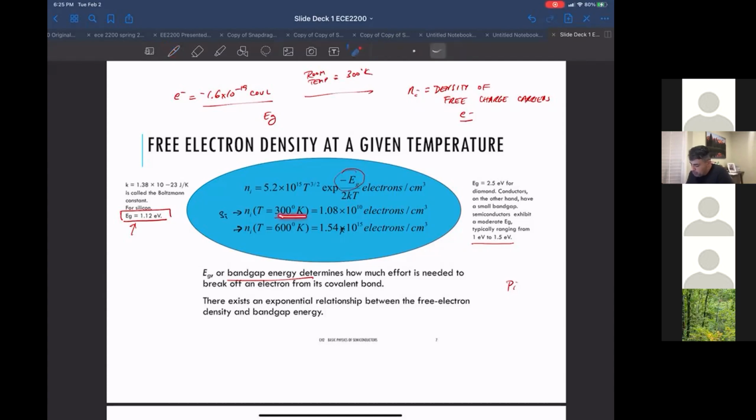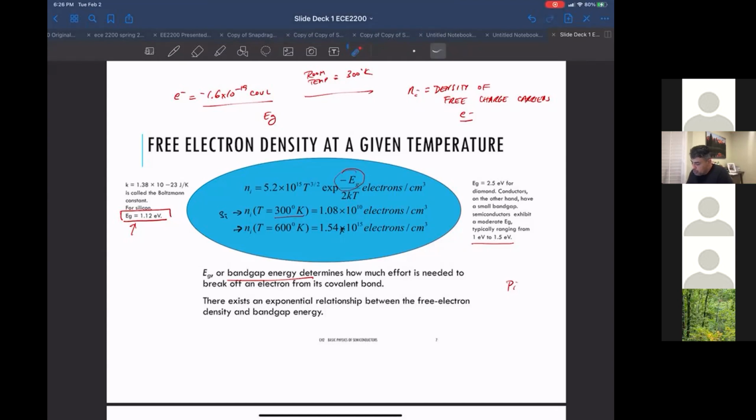Okay, so at room temperature, if you look at this, there is 1.08 times 10 to the 10th electrons per centimeter cube. That's a density of free electrons in a centimeter cube of silicon at room temperature.